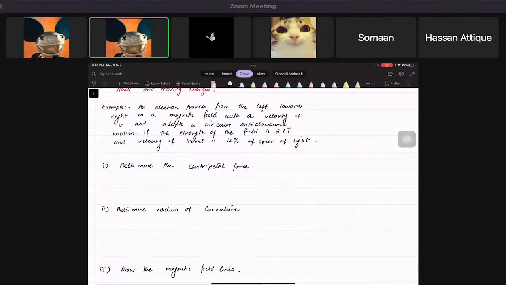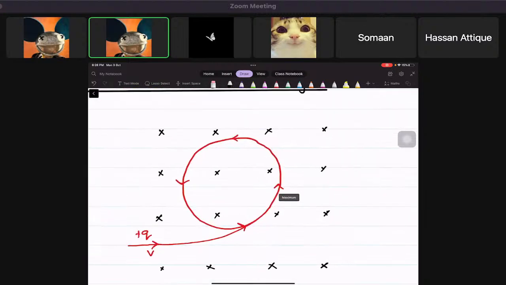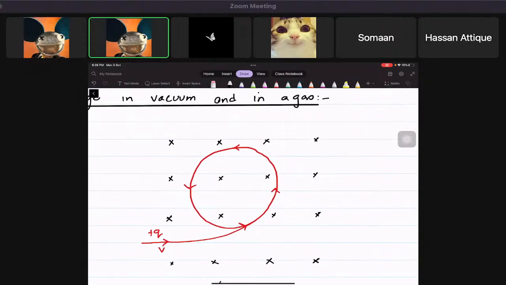Okay. So first of all, let's think about it. If you go to what we have studied up till now, you might realize that in a magnetic field, the charge moves in a circular motion.